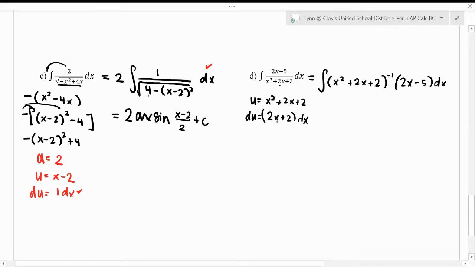And I'm going to go, oh, well, that's not too bad. I have a 2x plus 2 here, but a 2x minus 5 here. That's close. What can I do to make that work?